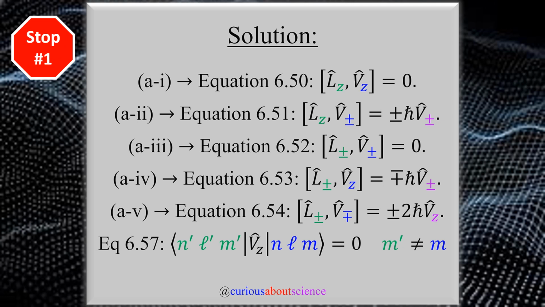Okay, stop number 1 has to be just a game plan to tackle this thing. 5 parts in part A and another part for part B. Let's get all these equations on the board just so we can see what we're dealing with. Clearly here for part A1 and 2, we're dealing with the angular momentum operator LZ acting on the vector operator Z and plus minus, the same plus or minus that we dealt with in Chapter 4 for the angular momentum, which we'll revisit when we get there.